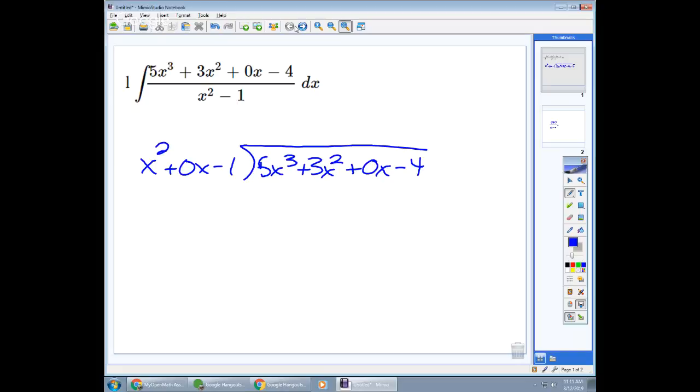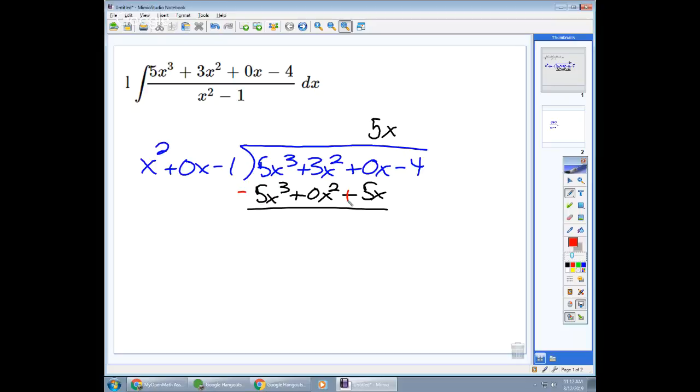That should work too. All right, so here I need to ask myself, what do I multiply by x squared to get 5x cubed? On a good day, the answer is 5x. Multiplying gives me 5x cubed plus no x squared, minus 5x. I like to subtract by adding the opposite, so I just go through and change signs.